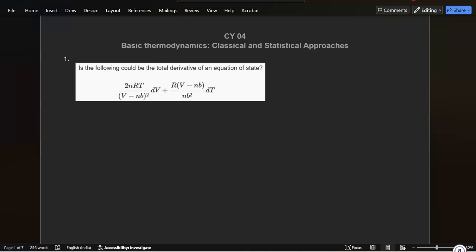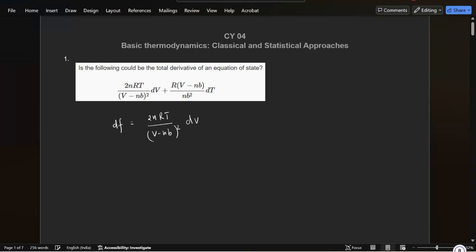So they have given a function and they've told us that this is the total derivative. What they're asking is whether this could be a total derivative or not.